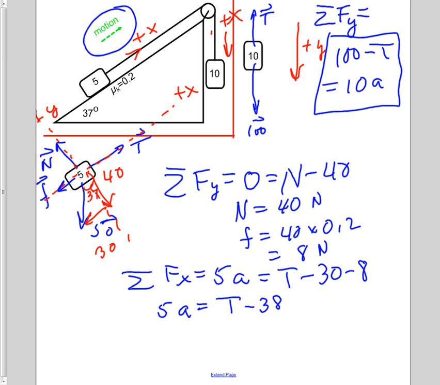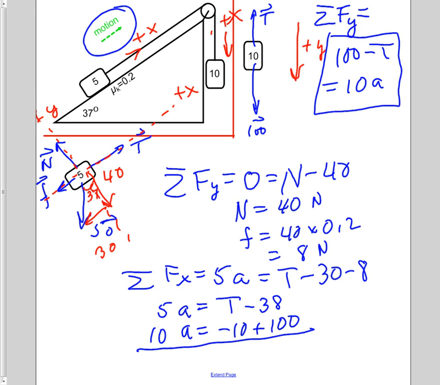And from the first body, we have that 10a is equal to minus T plus 100.